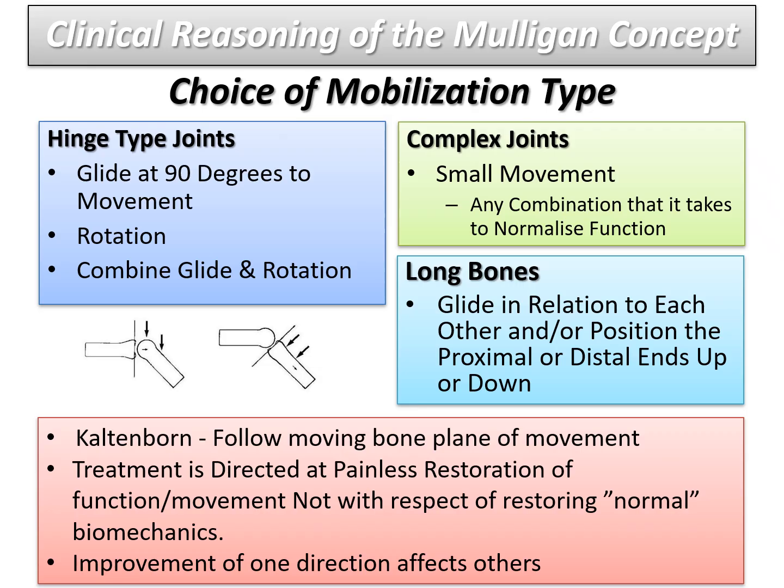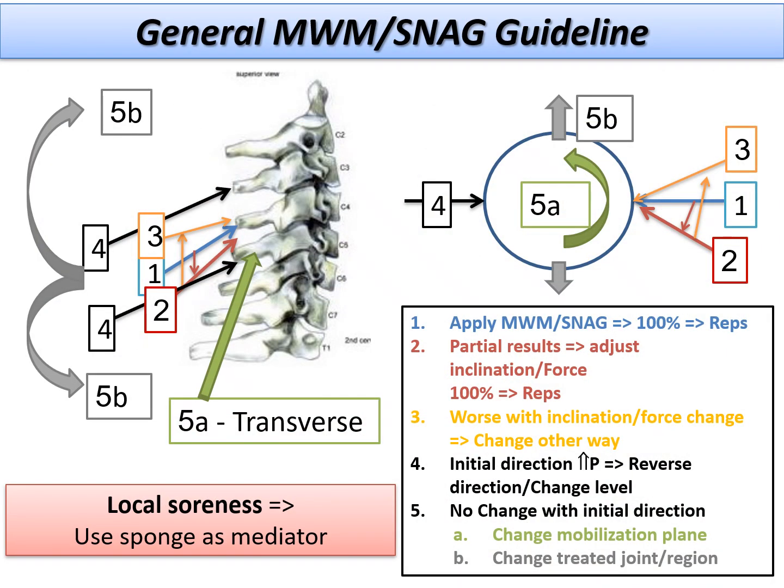The next step after deciding about the type of MWM is choosing the level of SNAG and direction of MWM. Looking at peripheral joints, we should start by applying an MWM in a primary direction guided by research or our clinical experience. That will be direction number 1. We do that in the joint under the area of symptoms or the one we suspect is provoking the patient's dysfunction.